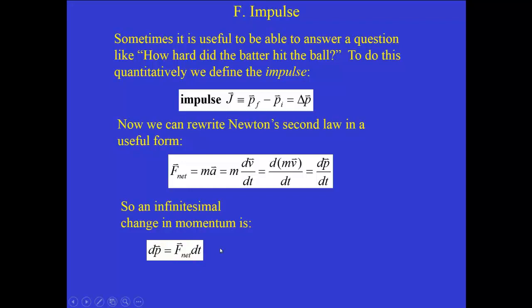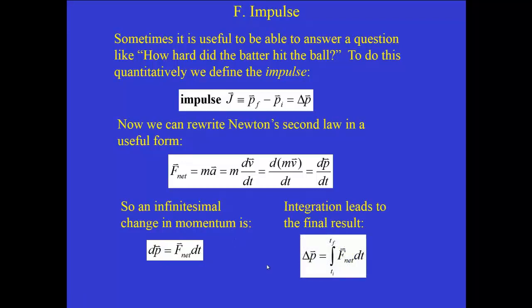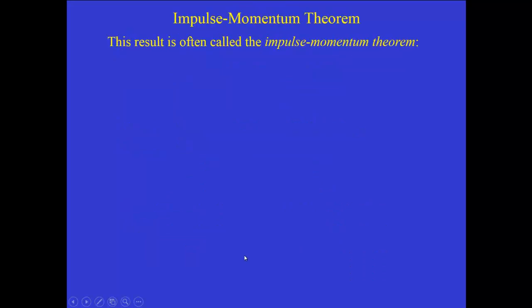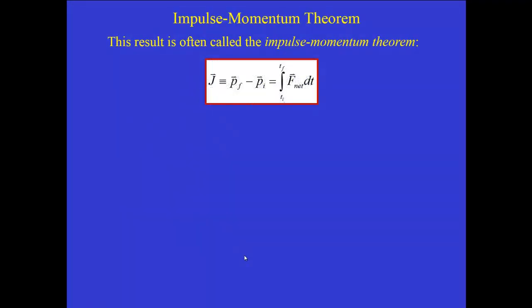And of course the reason I do this is because I would like to now sum up the influence of this force over a finite amount of time in order to get the total change in momentum. So integrating this quantity from an initial time to a final time gives me p final minus p initial, which is just delta p, as the integral of the net force dt from t initial to t final. This result is often written in terms of J, and people call it the impulse momentum theorem.